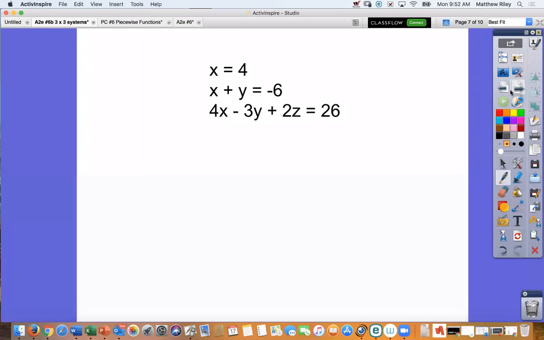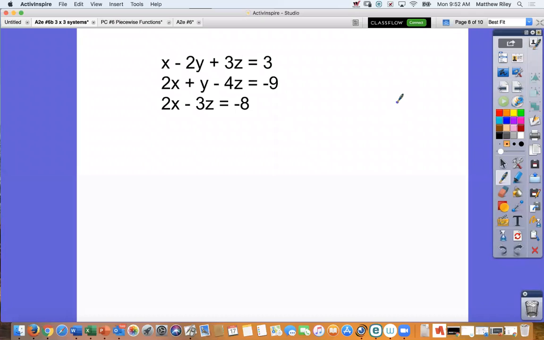So if you can do this one, you can do any of them. Take a minute and write it down, and tell me why this one is awkward or how this is different than anything we've done so far.